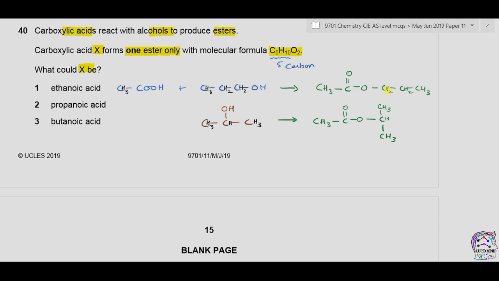The molecular formula of both these compounds is C5H10O2. Therefore, 2 different esters are formed, so 1 is incorrect.